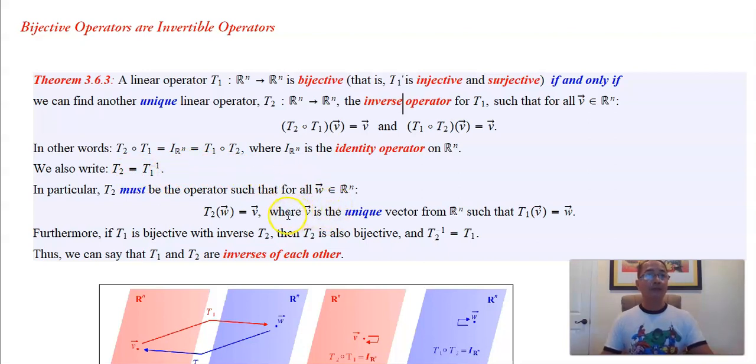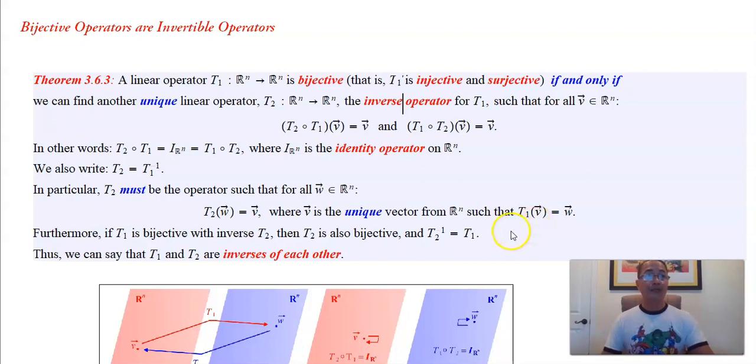Who is this T2? T2 must be the operator so that for all W in Rn, treated as the codomain, T2 of W is V, where V is the unique vector from the domain Rn, such that T1 of V is W.